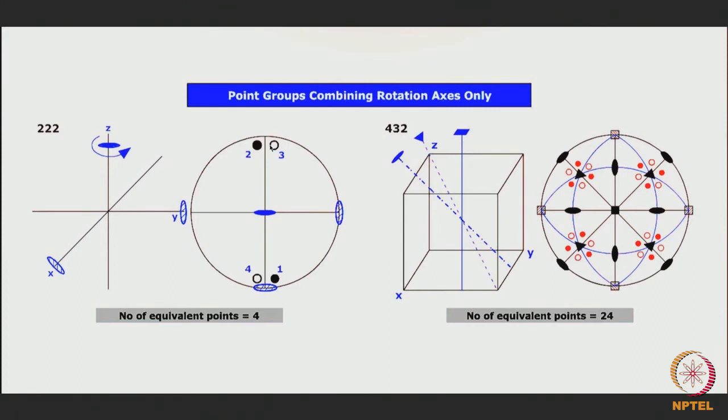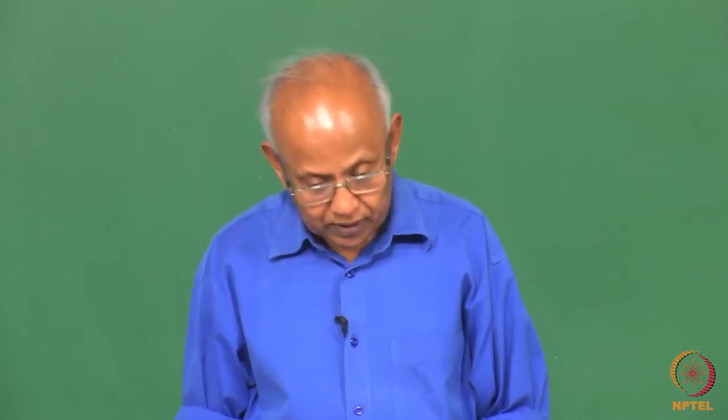Now, we come to a complicated case, the point group denoted by 4 3 2. As the name implies, here we combine 4-fold rotors with 3-fold rotors and 2-fold rotors.